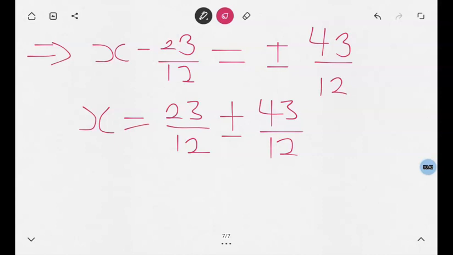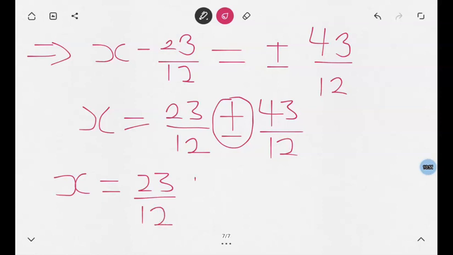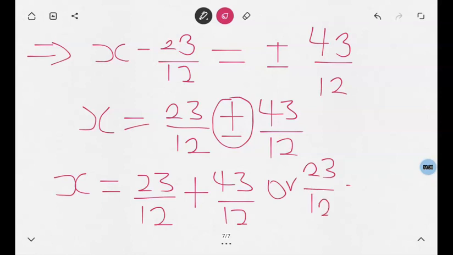Since we have the plus or minus, we split our answer into two: 23 on 12 plus 43 on 12, or 23 on 12 minus 43 on 12.